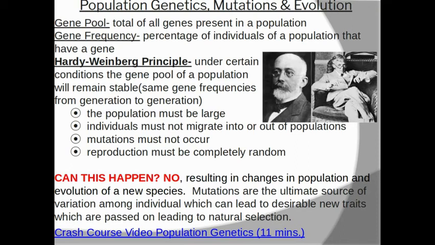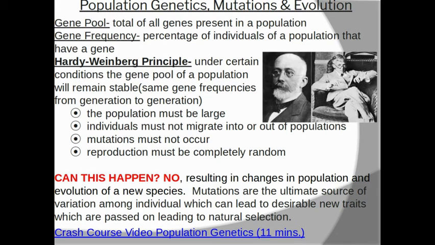One, you must have a really large population, which for endangered species isn't the case. Like if you think of a species like the cheetah or the panda, these are small populations. But in order for evolution to not occur, you've got to have a large population.